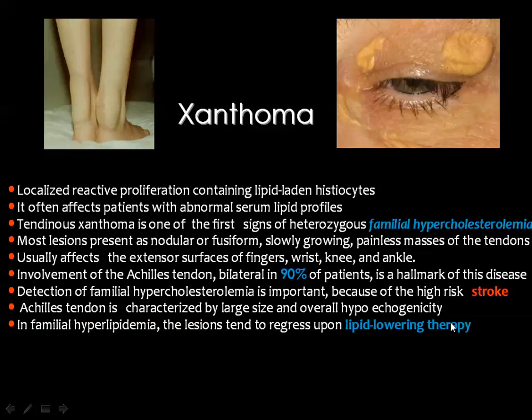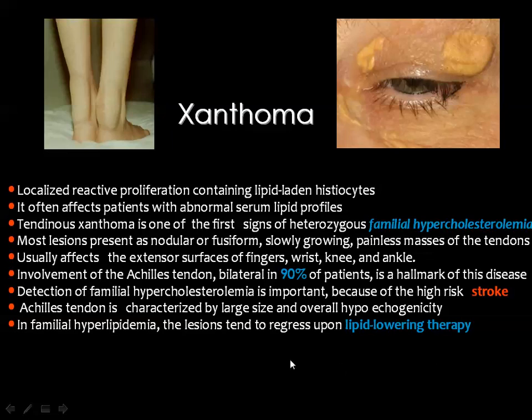And detection of familial hypercholesterolemia is very important because of the high risk of cerebral and cardiac ischemic attacks.